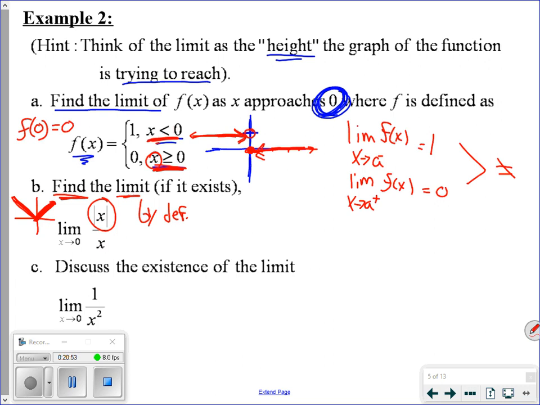Did you know that by definition, absolute value of x actually equals the function x whenever x is greater than 0, and negative x whenever x is less than or equal to 0. And those inequalities can be the same because they can both be included or vice versa, whatever.